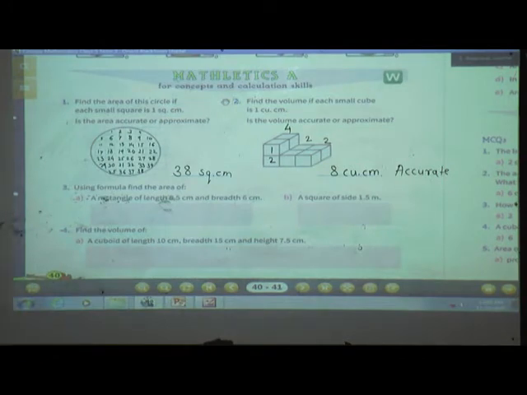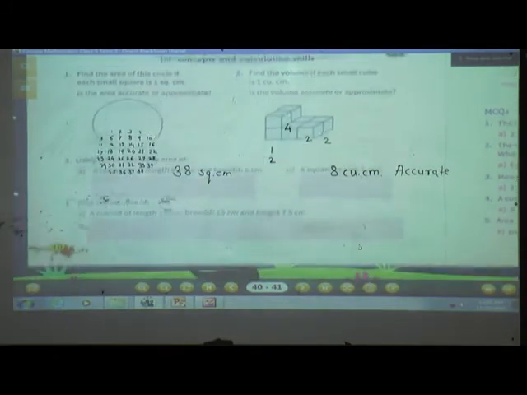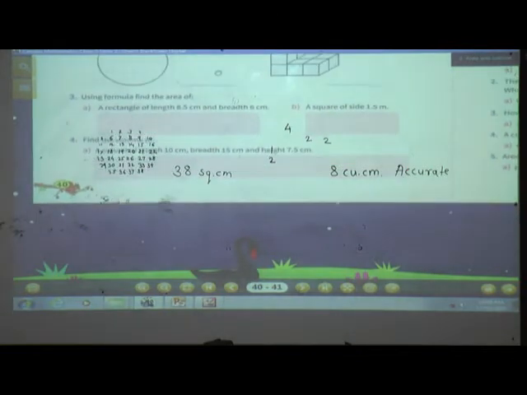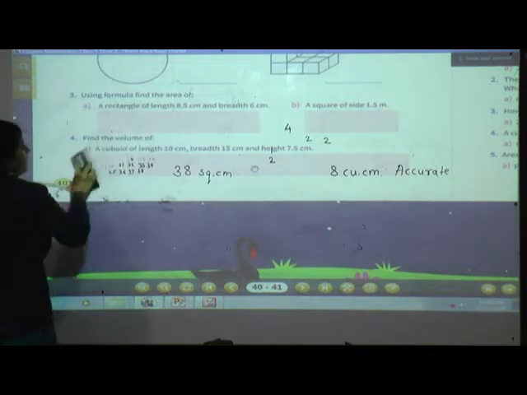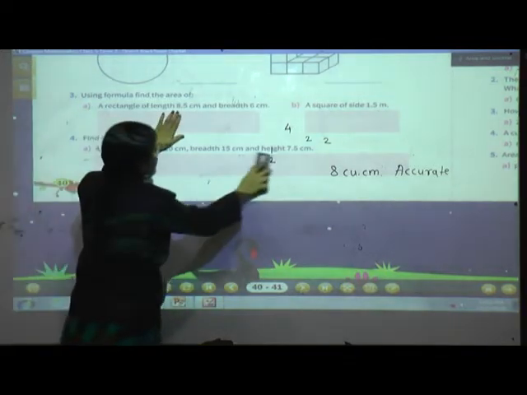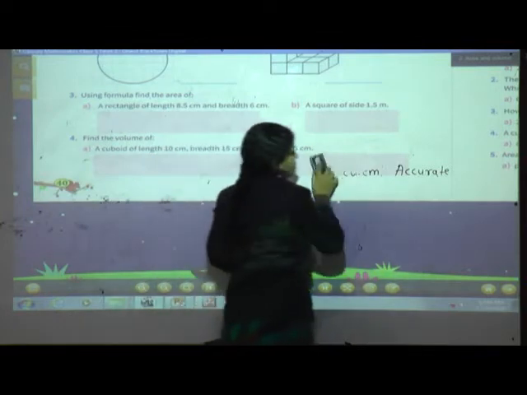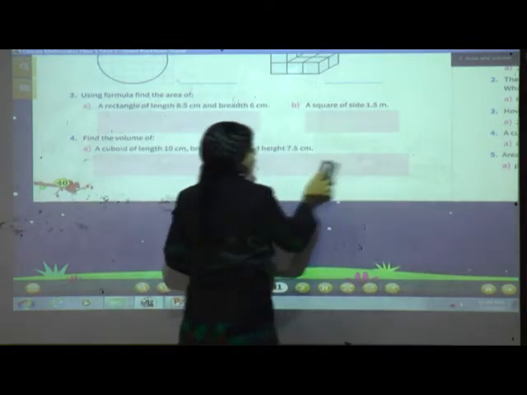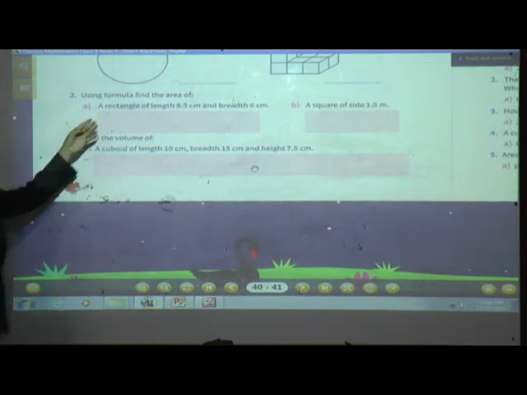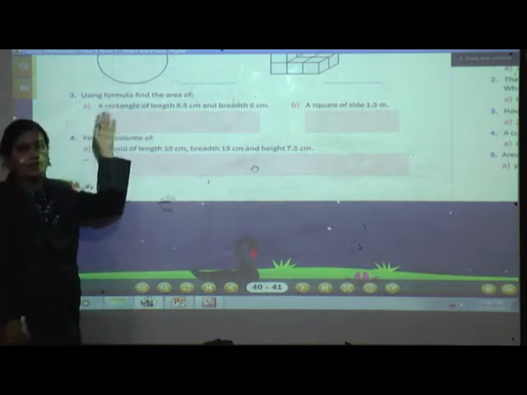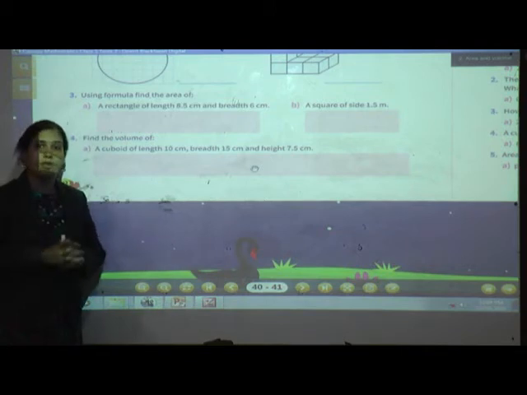Here question number 3. Using formula, find the area of a rectangle of length 8.5 centimeter and breadth 6 centimeter. Now students, tell me what to do now here. Yes, students, we have to find the area of rectangle. So what is the formula of rectangle?